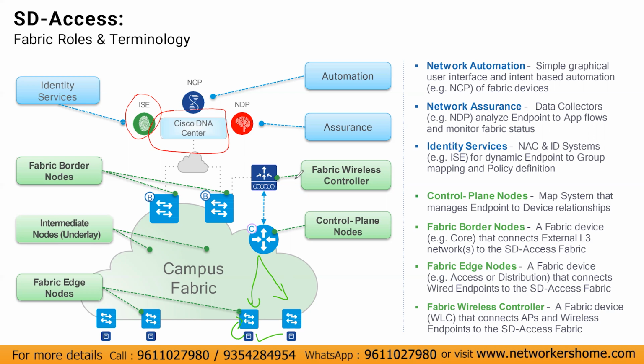The same configuration has to be done here as well. The fabric wireless controller also identifies that yes, it is an access point, and then it registers via the edge node as well as the wireless controller. So CAPWAP is, yes, still in use. Okay.